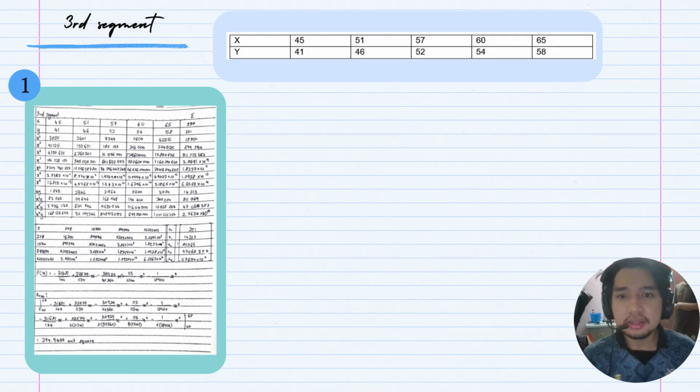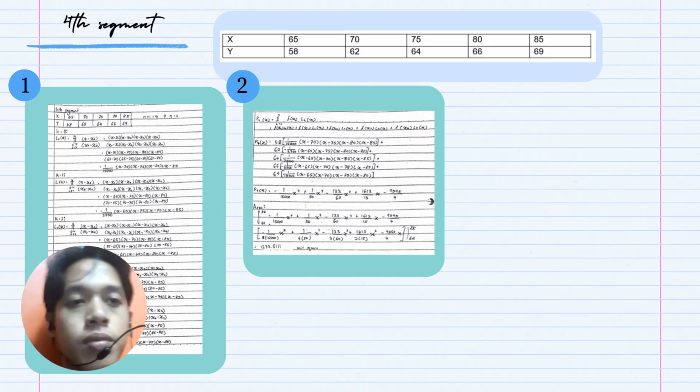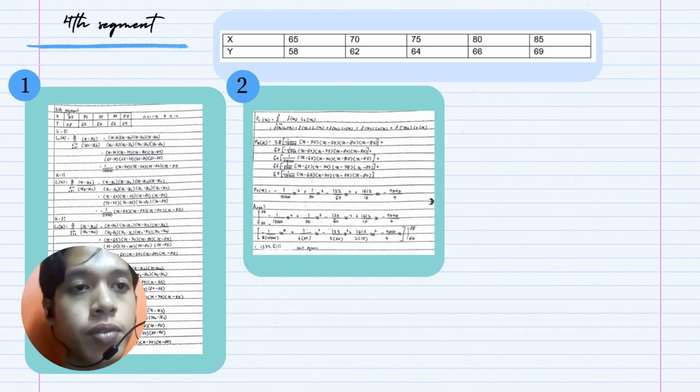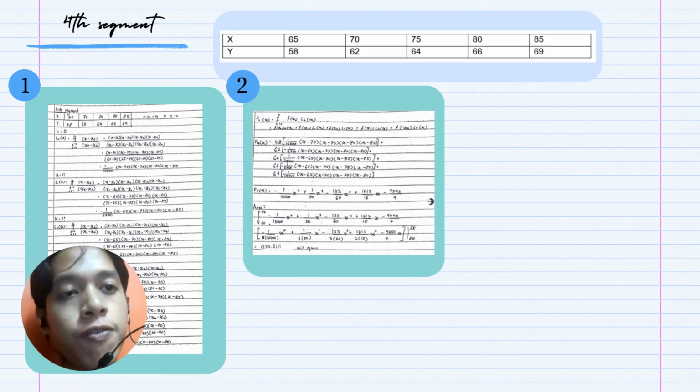And then you need to integrate from the initial x, which is 45, to 65, which is the final x, to get the area using the p of x equation. In segment 4, we also use the Lagrange method because we find it easier and more accurate to use Lagrange for 5 points or a degree of 4.